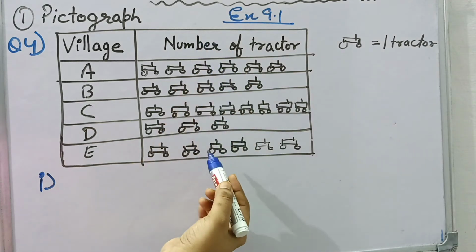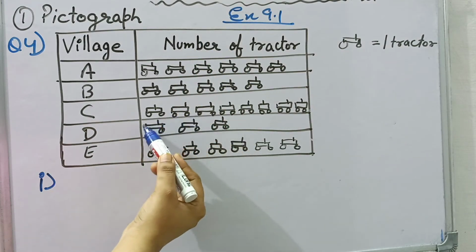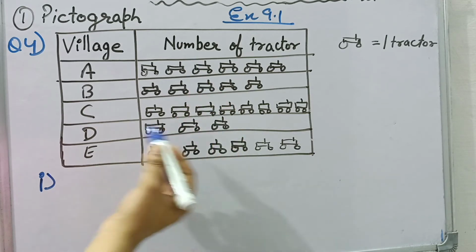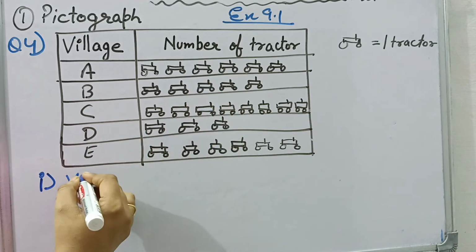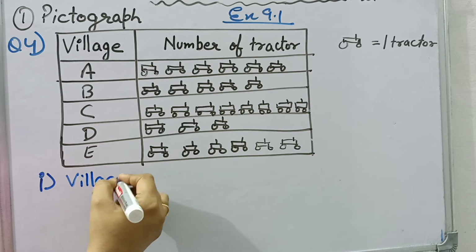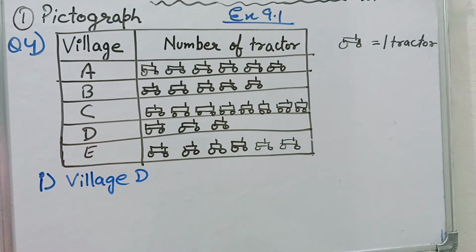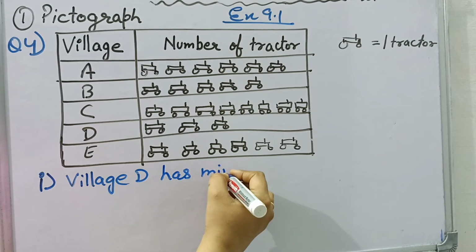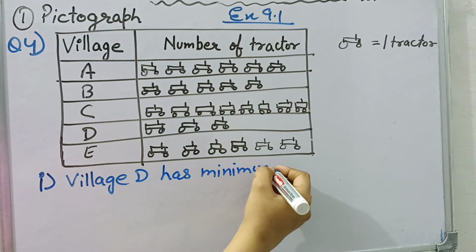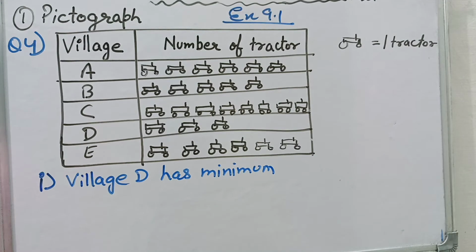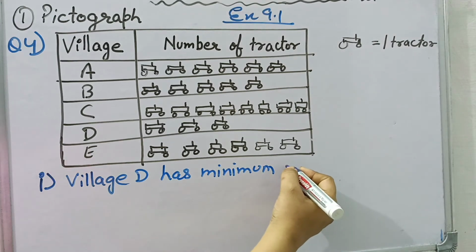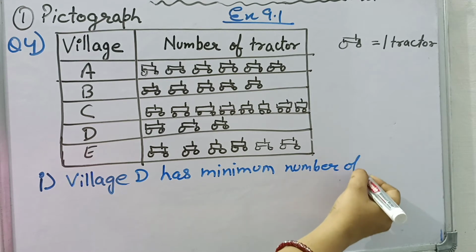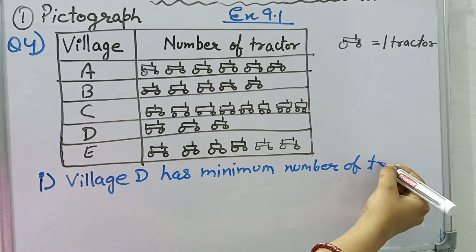We can easily see that only this village has 3 tractors, others have more than 3. So that means village D has the minimum number of tractors.